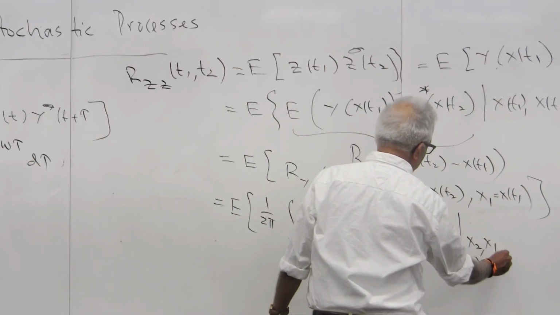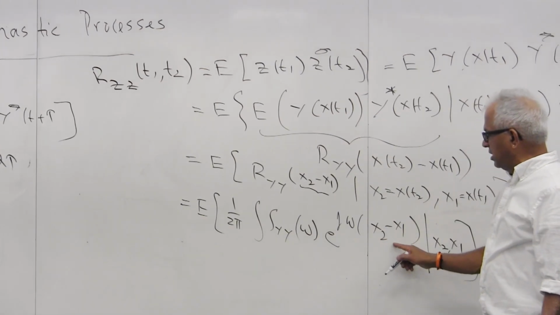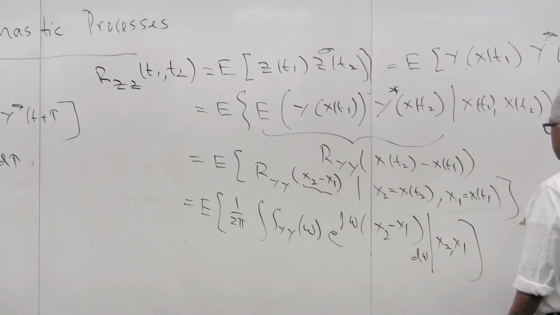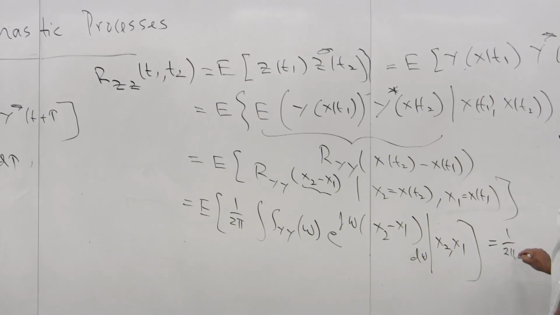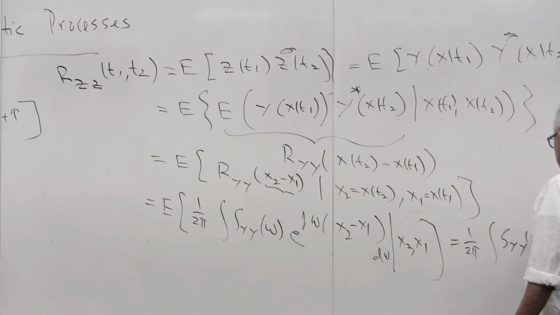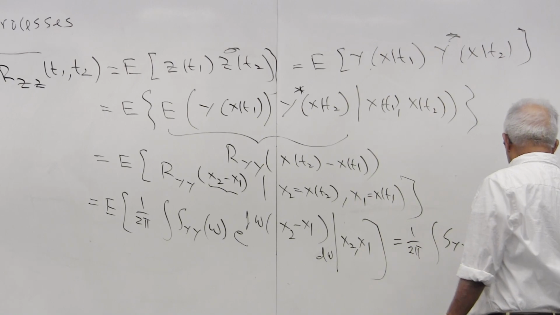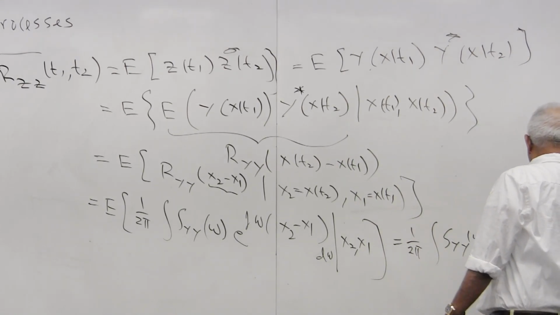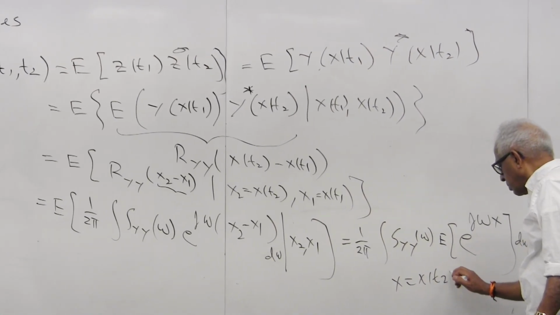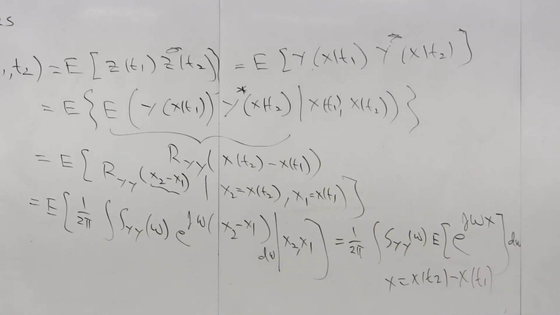We need to compute this expectation, which is clearly because of these random variables. So I can rewrite this as 1 over 2 pi integral of S_YY of omega times the expected value of e raised to j omega x, d omega, where x is x of t2 minus x of t1.